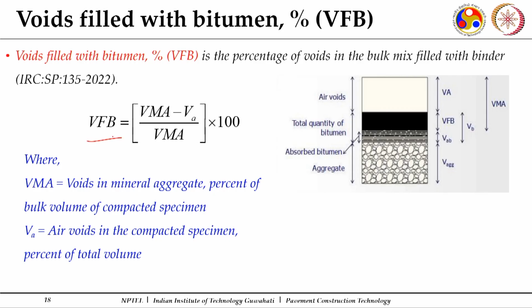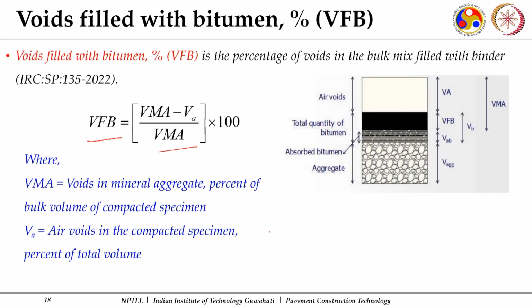Then when we work out the voids filled with the bitumen, VFB will be your VMA minus your VA divided by VMA. This is how much share of these voids in mineral aggregates are filled with binder.